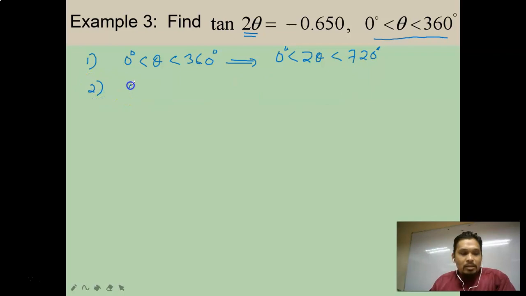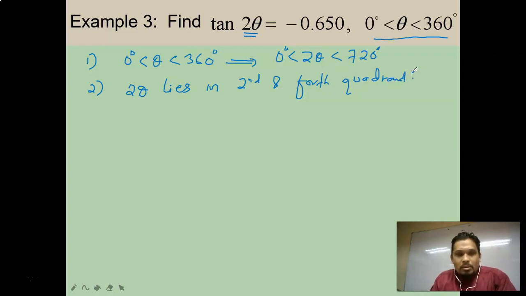And then 2 theta lies in the second and fourth quadrant. Okay, second and the fourth quadrant.